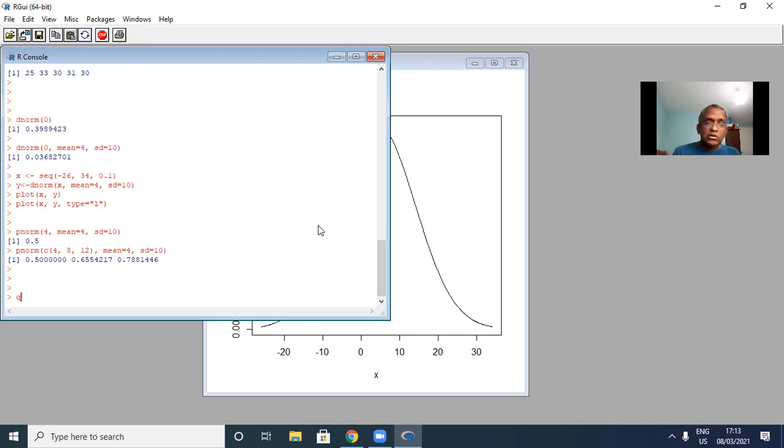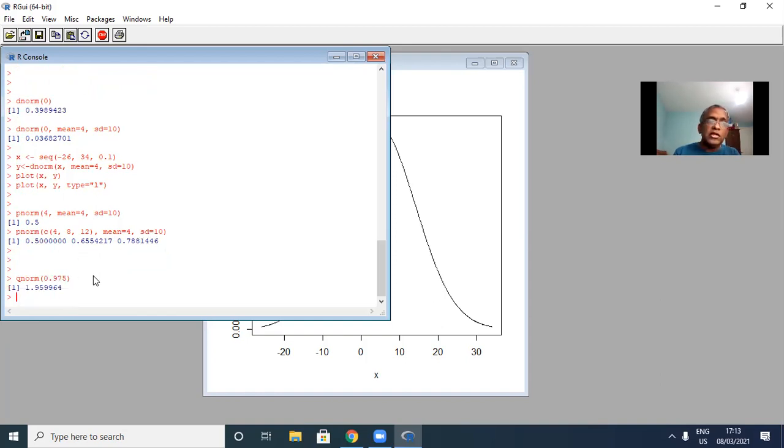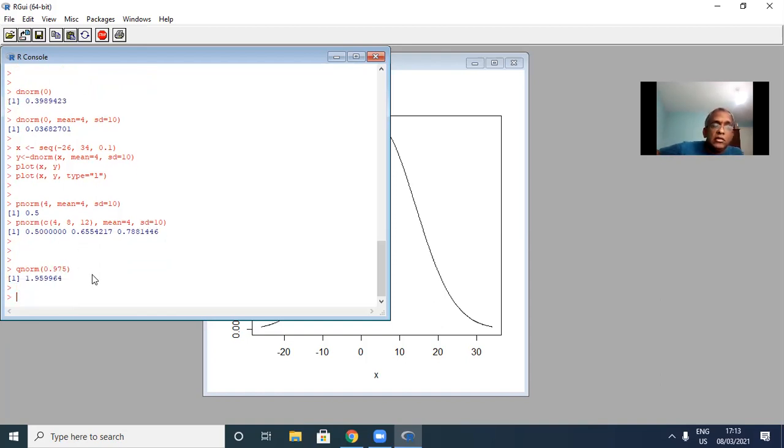You can also use the qnorm command. Qnorm is a quantile command to compute the quantiles of a normal. So this is the quantile at 0.975 for the standard normal distribution, because we haven't specified the mean or SD, which means that mean is taken to be 0 and SD is taken to be 1.